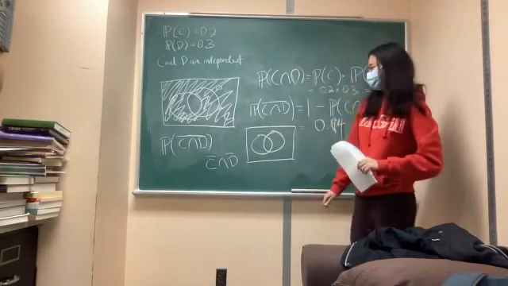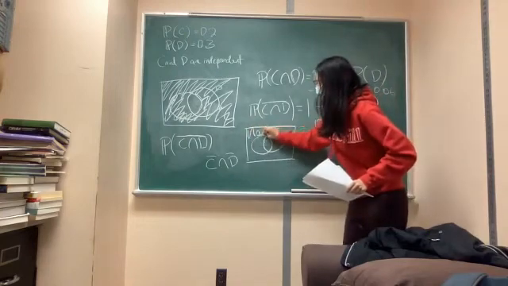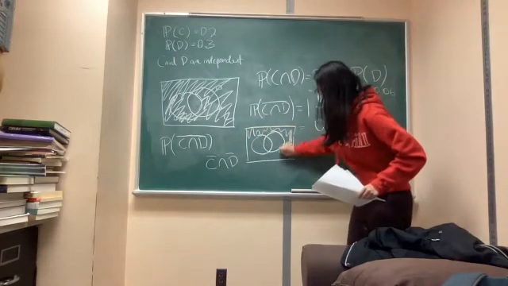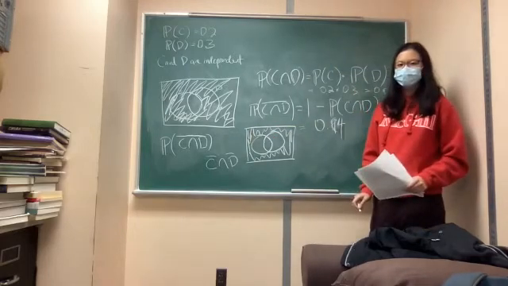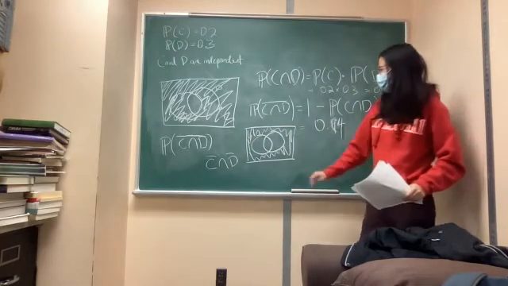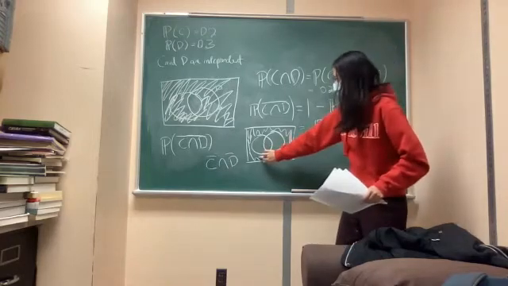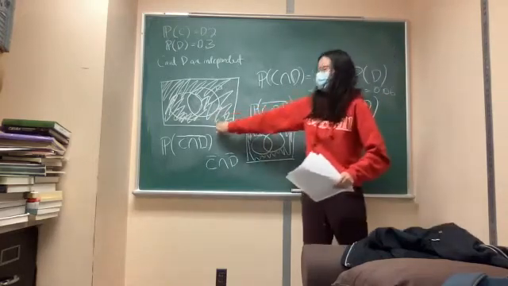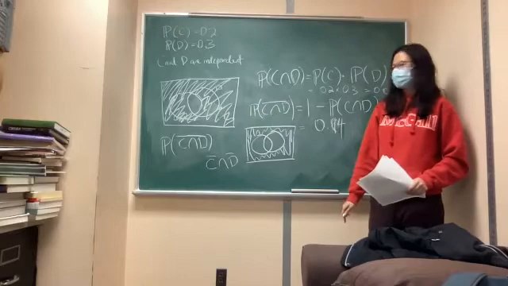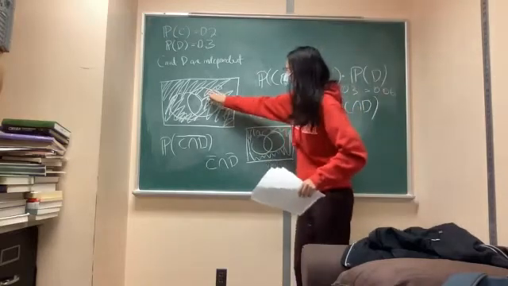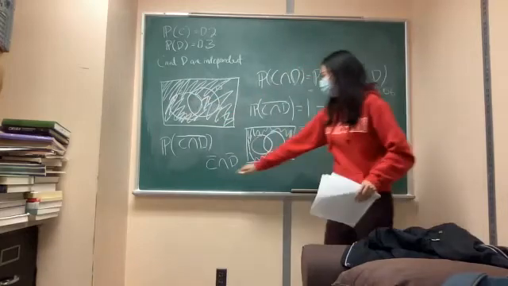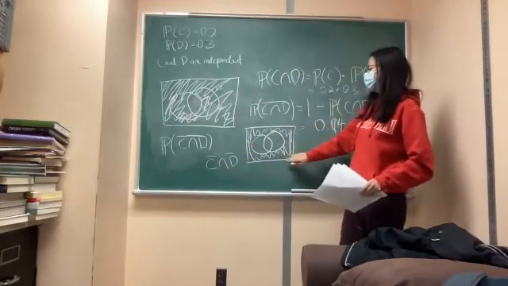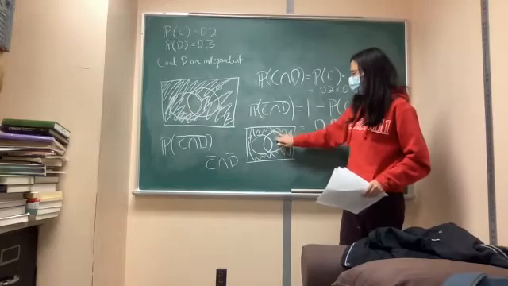What is their intersection? It's everything outside the two circles, right? But then you notice that this picture is different from this picture. You're supposed to exclude these parts. But if you take the complement of C and you intersect with the complement of D, you don't exclude these parts.